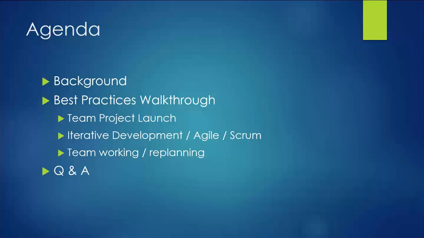Also how iterative cyclical development happens on a project and how replanning happens. I do have slides, but I'm going to also be leaning heavily on actual demonstrations of how things happen in the software, and then we'll also leave some time for questions at the end.